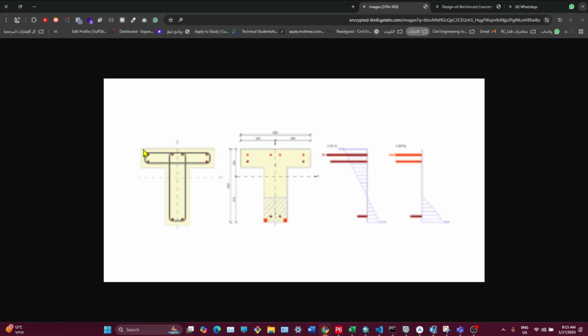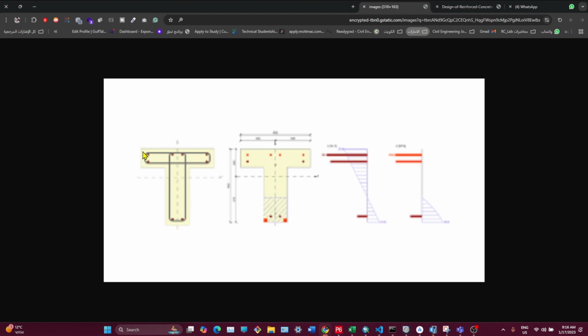which consists of what is called the flange and the web. This is the web. So we have shear forces right there. You see this is the shear force diagram. So we have these shear forces acting on this beam, and by the way, we are viewing a section of the beam. The shear capacity of the section is more efficient in the web.